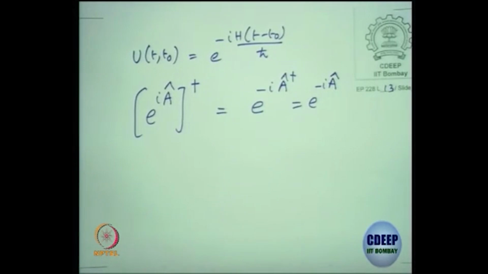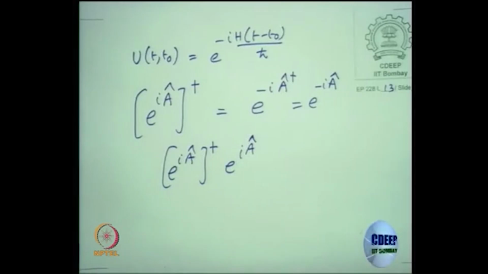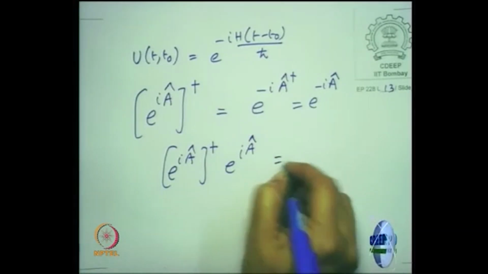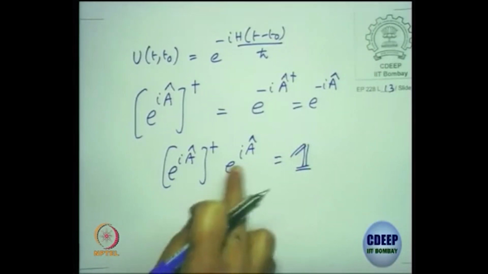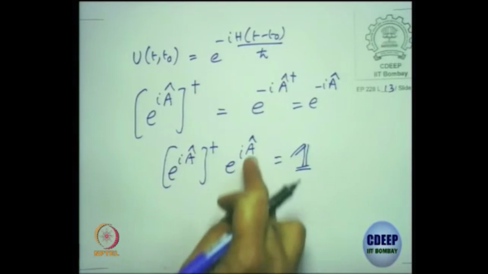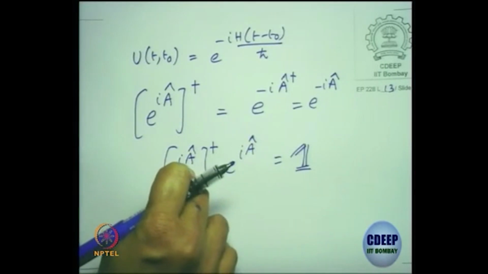So the exponential of i times a Hermitian operator is not a Hermitian operator, but it has this additional property that e to the i A dagger with e to the i A is going to be identity.